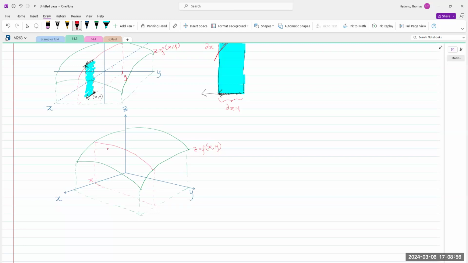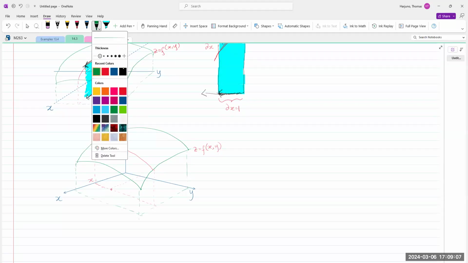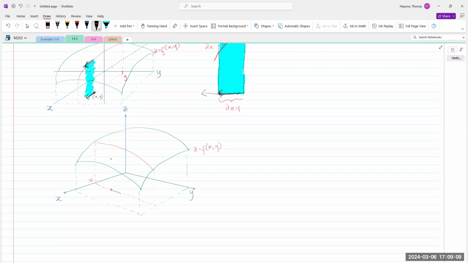And then at certain y, let's say at this y here, we move 1 unit in the positive y direction. Now then, we wonder how much the z value will decrease.